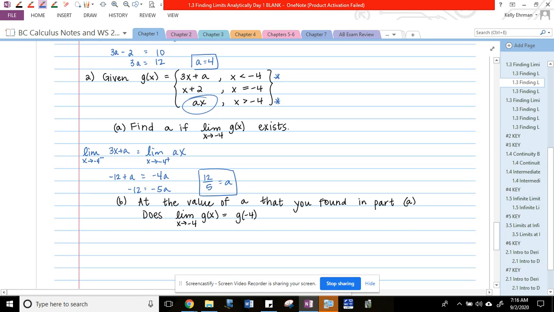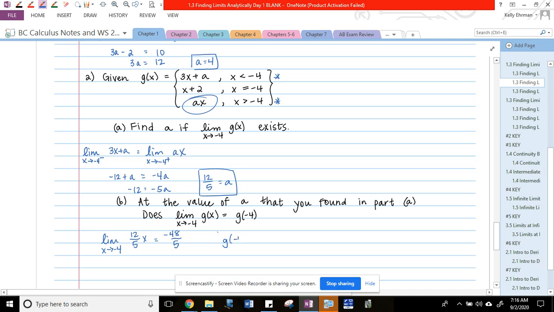So I'm going to plug into the bottom equation because that seems easier. The limit as x approaches negative 4 of, instead of ax, I now know that it's 12/5 times x. That would be negative 48/5. So that's the limit value.